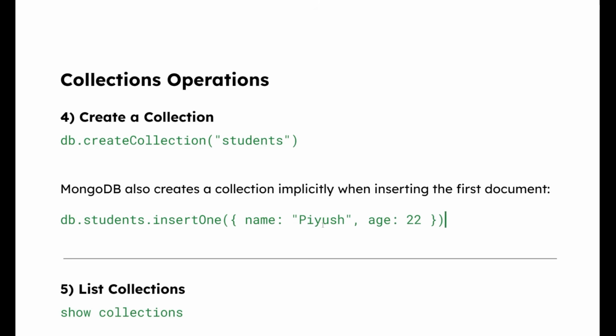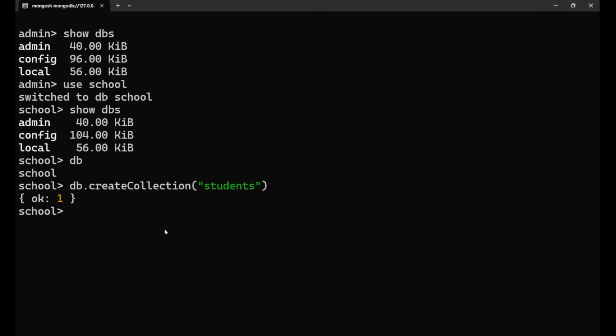Let me show you how it works. First of all, we will write db.students, since our collection is students, on which we are going to insert data. Then .insertOne, put a bracket here, and inside it create a curly bracket, and inside it we are going to insert our data.